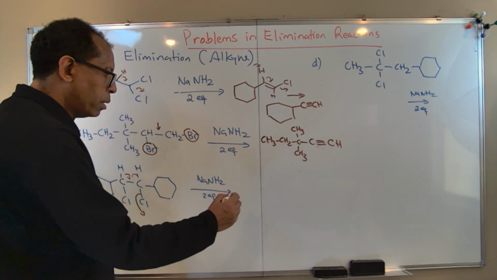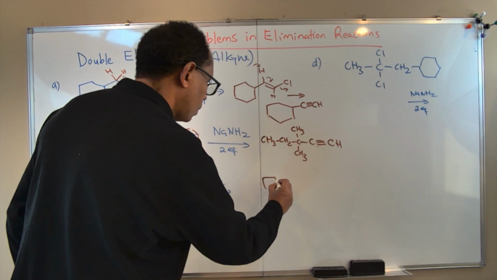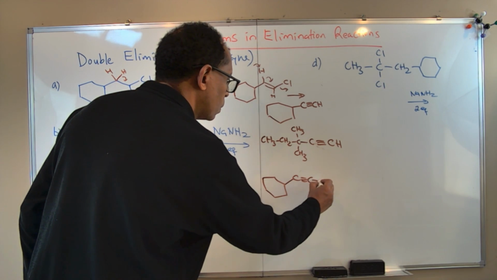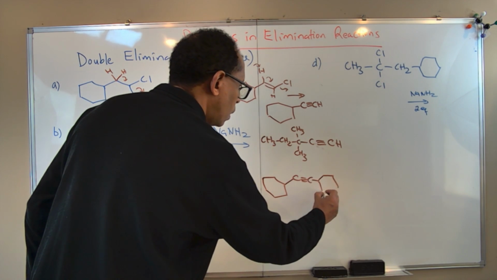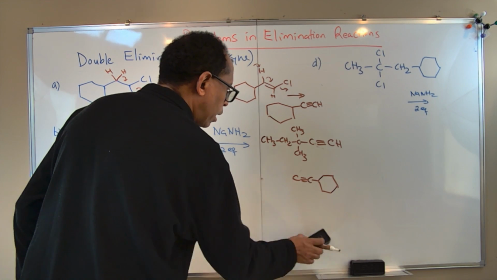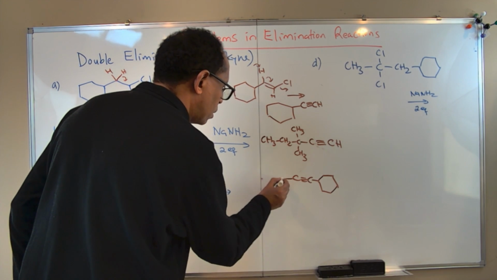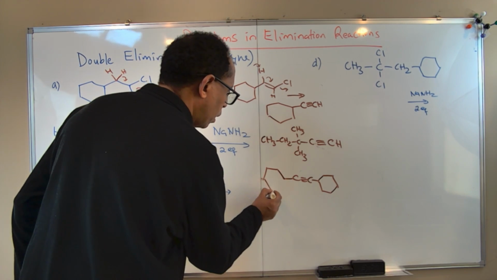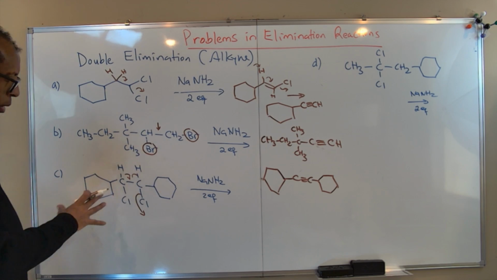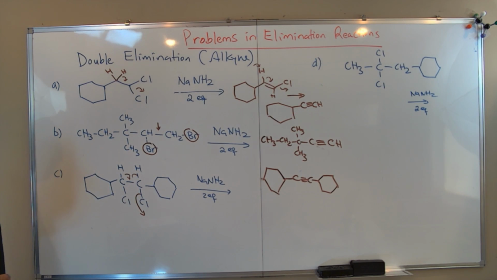So the product looks like, so it is a straight line. Triple bond sp hybridization gives you a straight line, 180 degrees. So it looks like this. So that's what you get when you lose those.